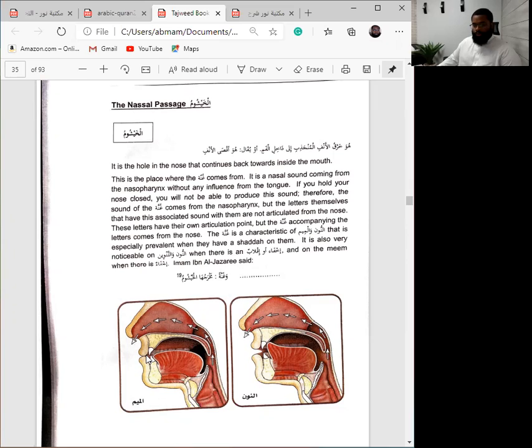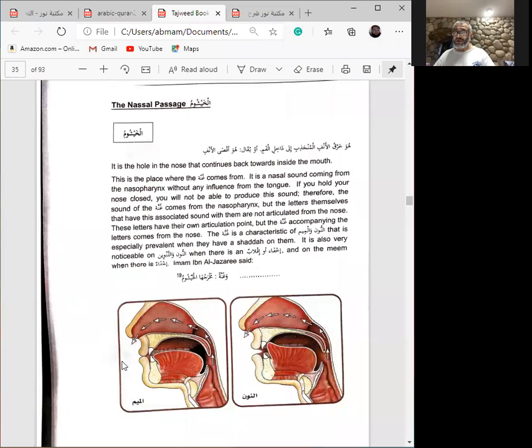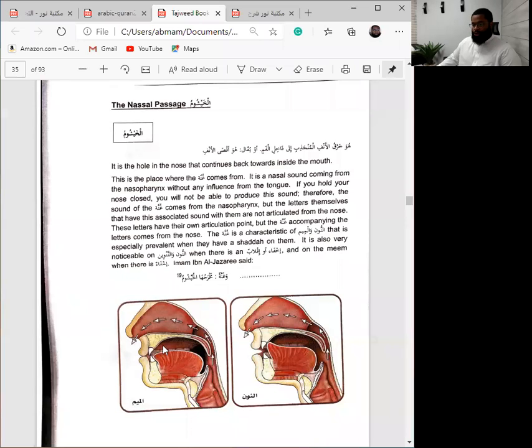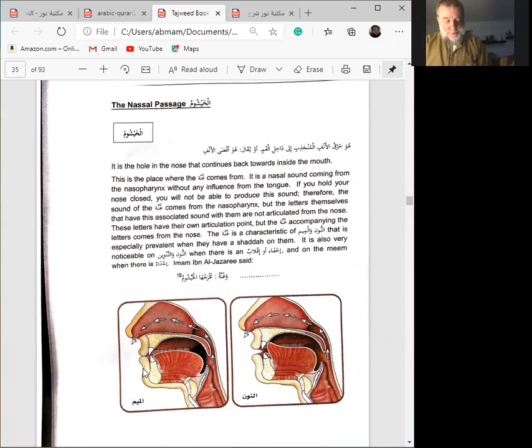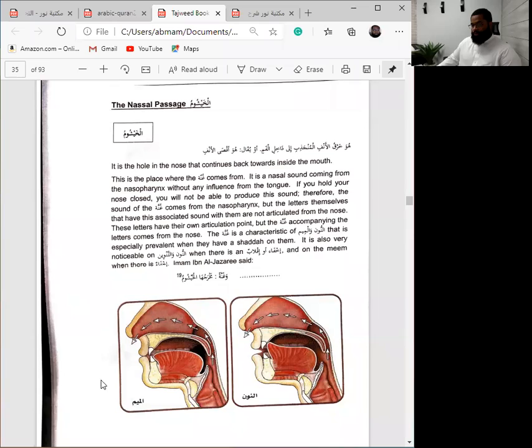So the meme, you see the lips are closed, so the sound is coming through the nose. So the meme, you're closing the mouth, the voice passage, with your lips. So the sound is coming through the nose. With the noon, you're closing the passage with your tongue, so the sound is also coming through your nose.